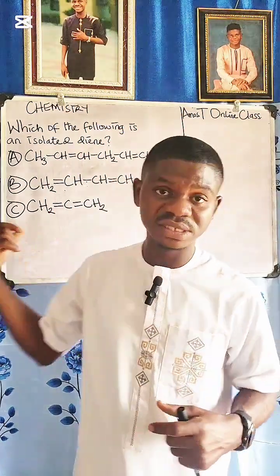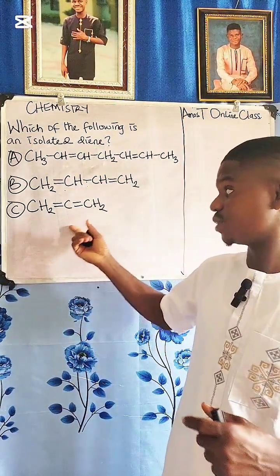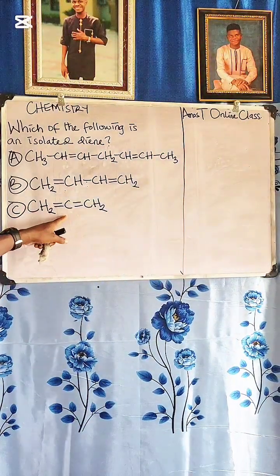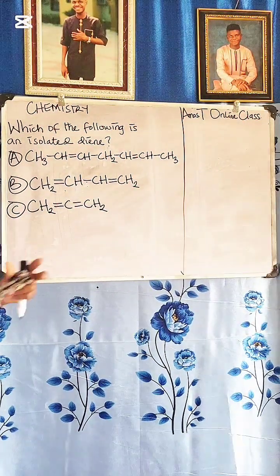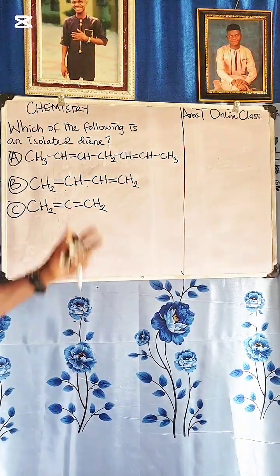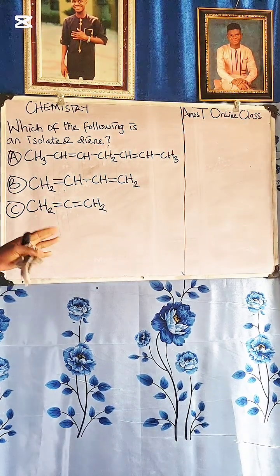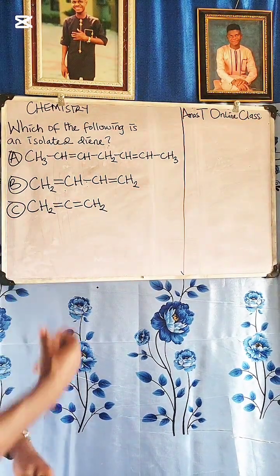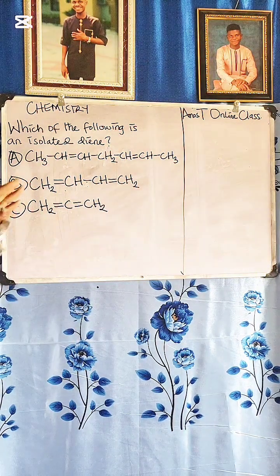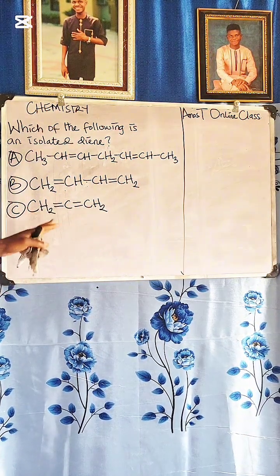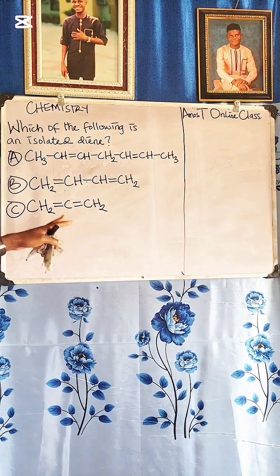If you look at option C, there is a central carbon atom shared by the double bonds. So this is an example of a cumulated diene, and it is called 1,2-propadiene.